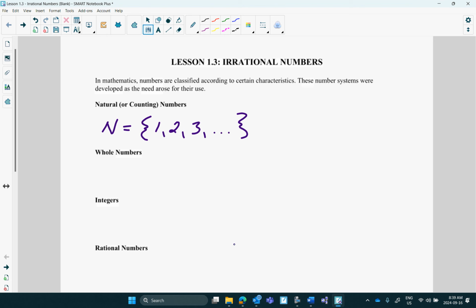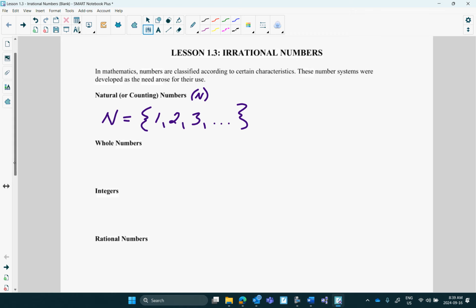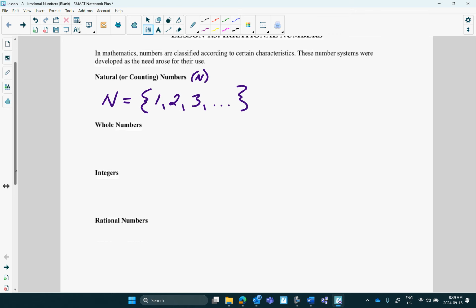We use a capital N to represent natural numbers, and then the counting numbers, starting at 1, 2, 3, etc. The whole numbers is the same as the natural numbers, except we add 0. And then we count up forever. And that's represented by W.